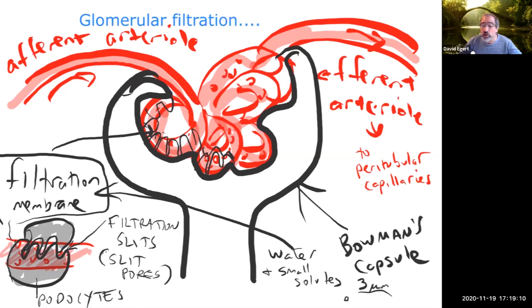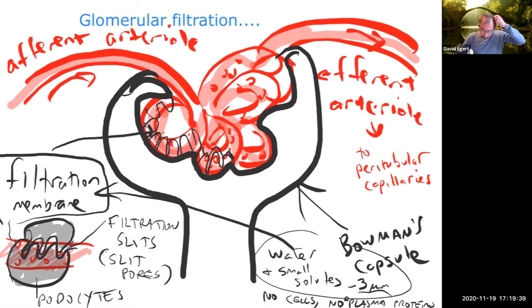As you get into larger, it gets a little more complicated because charge comes into it as well. But basically, we can say by the time you get to 7 to 9 microns, everything is blocked. Things to remember. So no cells, no plasma proteins. Right, so cells and plasma proteins stay in the bloodstream.